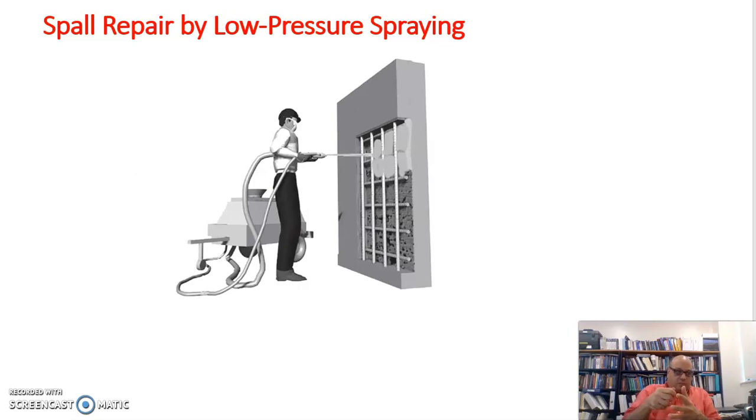So you're getting very much closer to the surface, and you can get this application in tight spaces. This is contrary to the massive shotcreting that you had before. This one, you can get into tight spaces, and it can stick to the substrate, and that is a fantastic method that can be used.